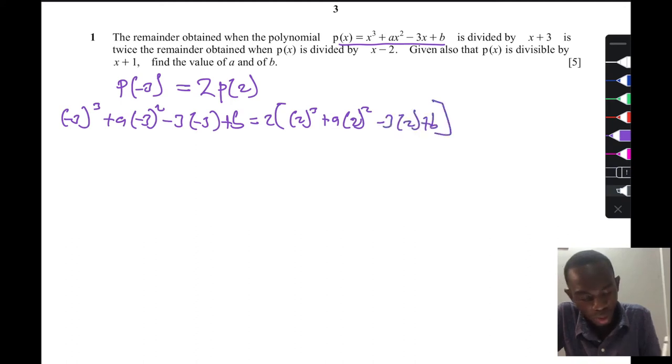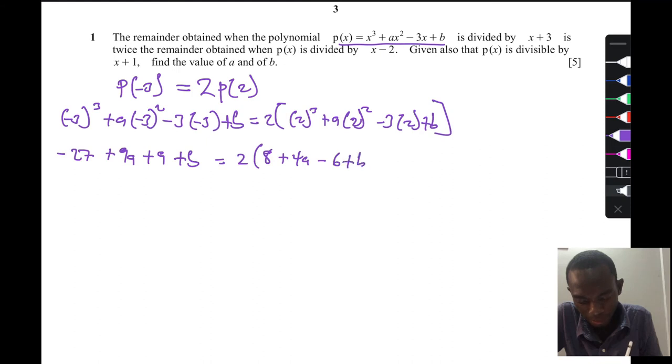So that's negative 27 plus 9a plus 9 plus b is equal to 2 into bracket 8 plus 4a minus 6 plus b.